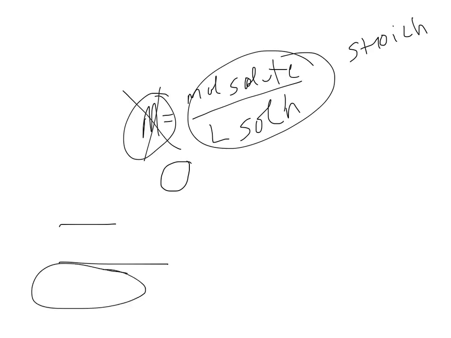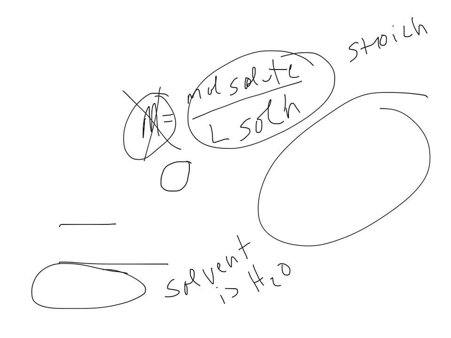And then we have the word aqueous. Aqueous means in water. That means that the solvent is water. Okay? So here we have 2 solutions of potassium permanganate, aqueous solutions. Now I like potassium permanganate because it's really a beautiful purple color.